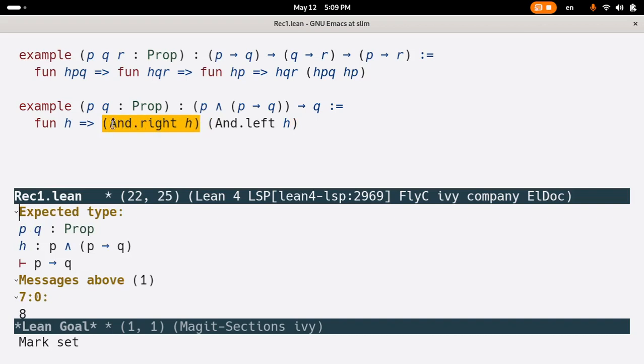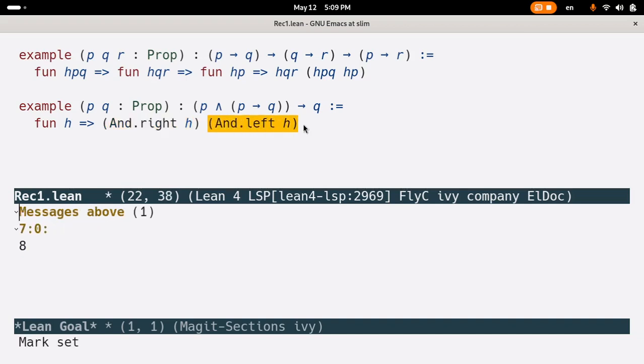And if you apply a proof of the proposition p implies q to a proof of p, what you get is a proof of q, which is exactly what we want.